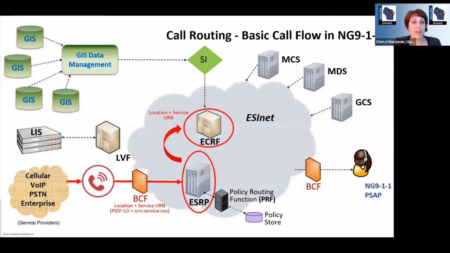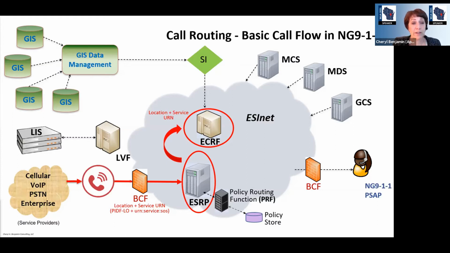It's going to use the GIS databases to determine which PSAP the location is within and the emergency service providers for that location. And it does this by performing a point and polygon query. So if you use GIS, you should be familiar with this. It's going to take that location that's in the PIDF-LO, and it's going to drill down through the PSAP layer and the emergency service boundary layers.